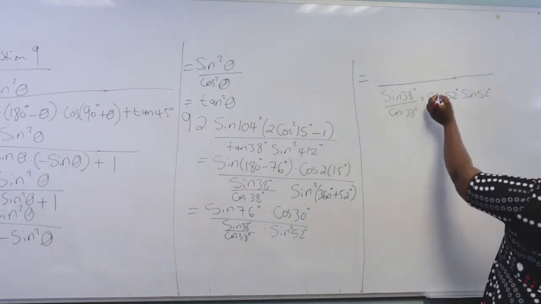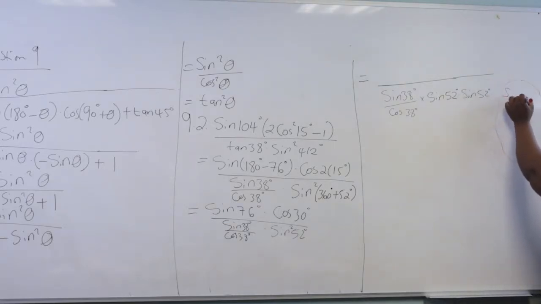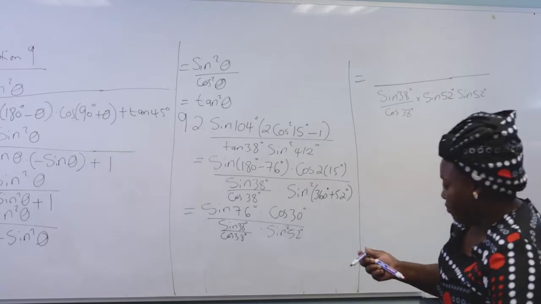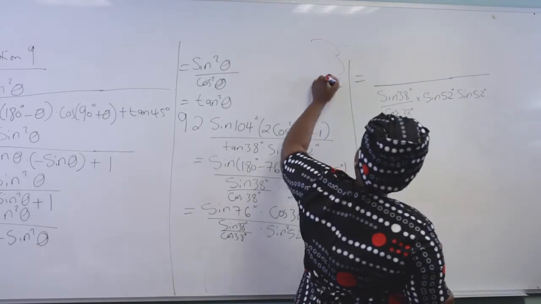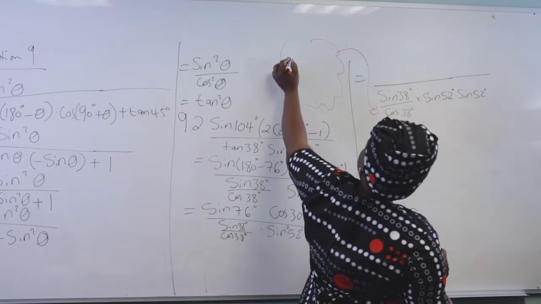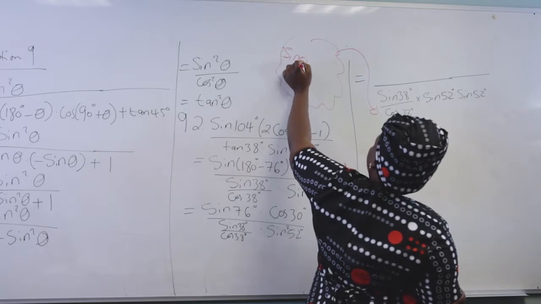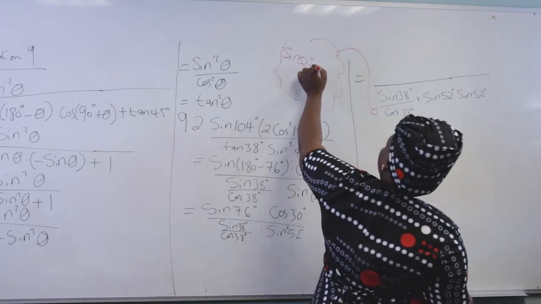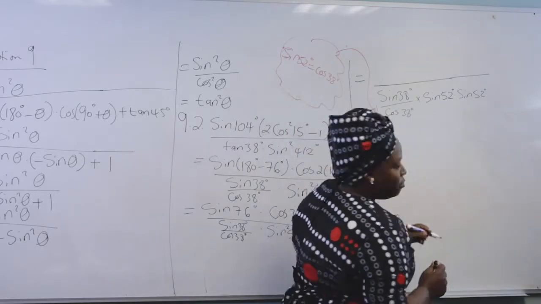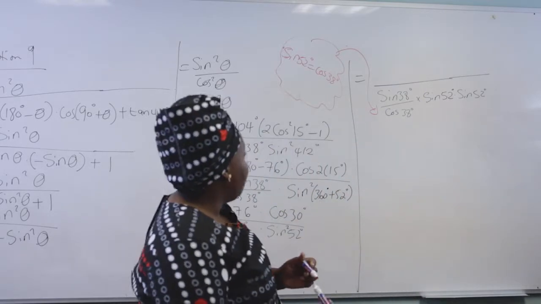So we say sine 52 is the same as cos 38. We are saying that sine of 52 is the co-function of cos 38, because when we add 52 and 38, we get 90. So they became co-functions.